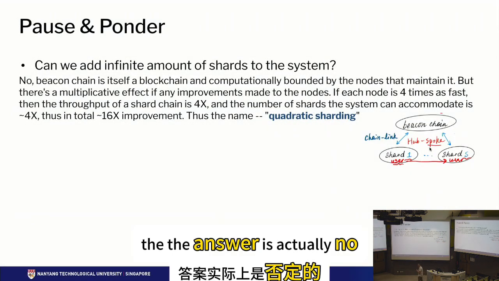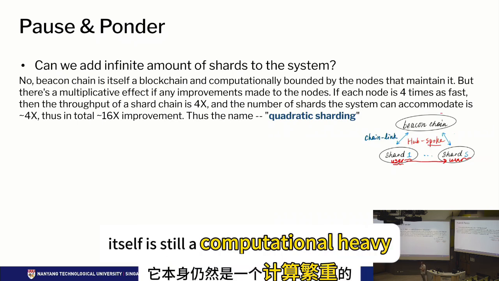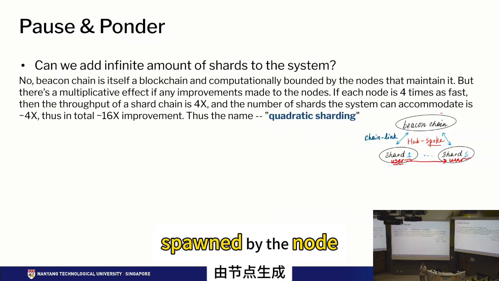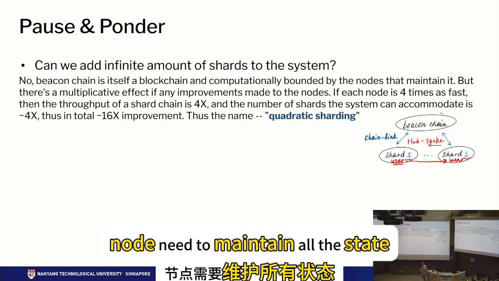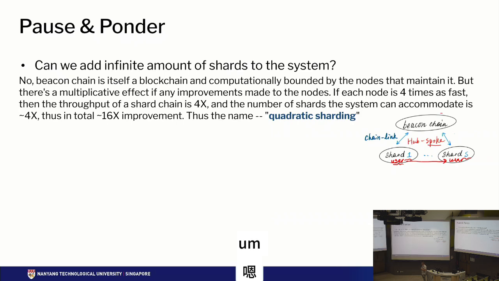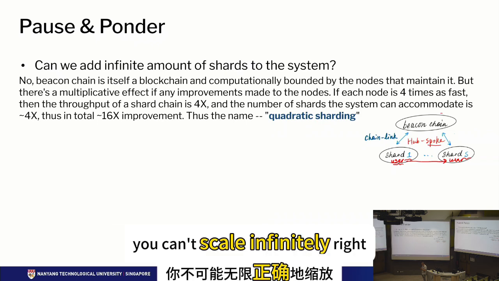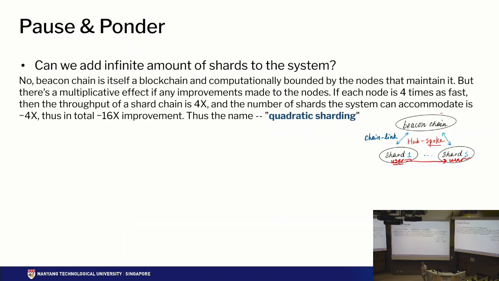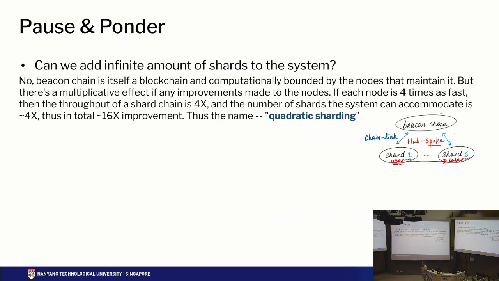The answer is actually no, because the beacon chain itself is still computationally heavy. It's bounded by the node. The node needs to maintain all the state, the global state, and all that information. Even though it's only block headers, you can't scale infinitely, right? Because you still have to store all this information on the beacon chain.